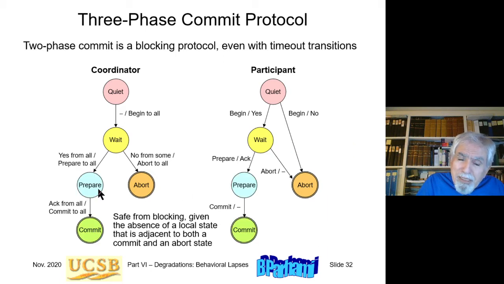Now the prepare state is not like that. In the prepare state, eventually the participant or the coordinator will commit, even though they have not committed yet. So the wait state is not adjacent to both an abort state and a commit state. This basically protects the system.